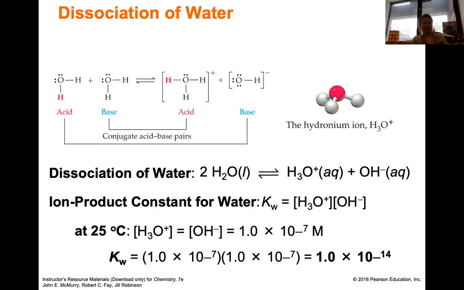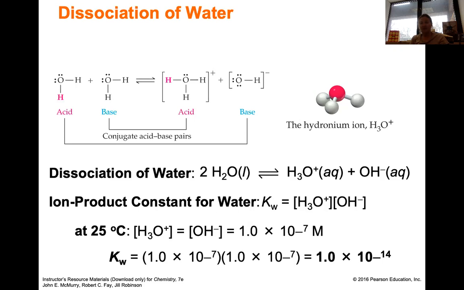If you look at this, this is the first equilibrium constant we'll see. It's called the ion product constant for water. It's just a K, but it's labeled with a W to tell you that it's a specific K for a specific reaction. So if we look at that reaction for the dissociation of water, the products over the reactants, water is a liquid on the reactant side, so that's left out. So the K for that reaction is just the H3O plus concentration times the OH minus concentration.